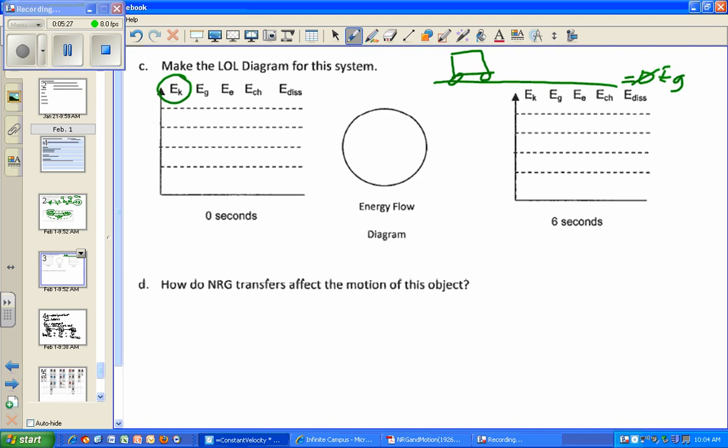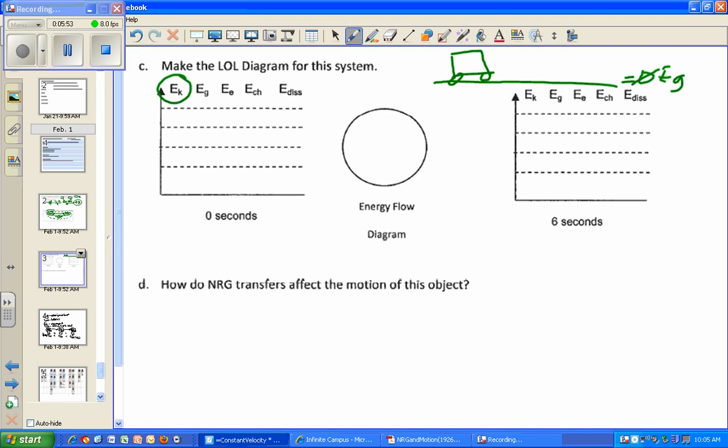If you say that the car is somewhere above what we're calling the zero EG line, then would you have to include EG? Yeah. Okay. If you include EG, what is true of the amount of EG on the left side and the right side? It should stay the same because it didn't tell you that the car is going uphill or downhill. You can assume that it's on a flat surface.